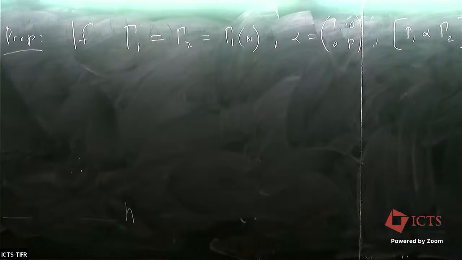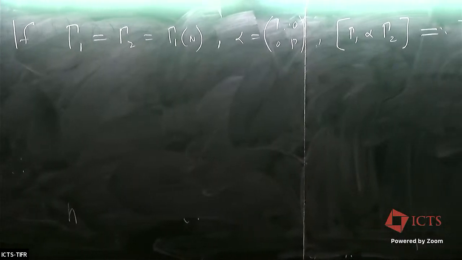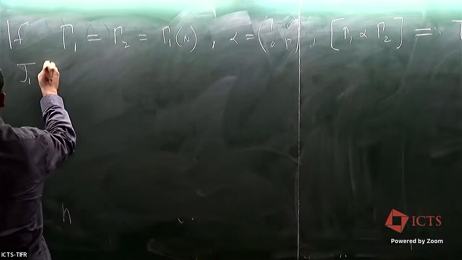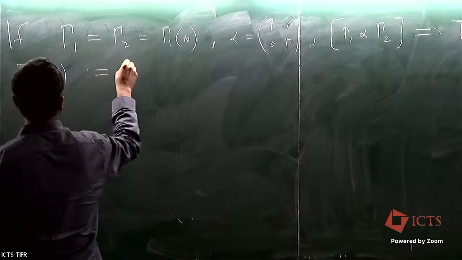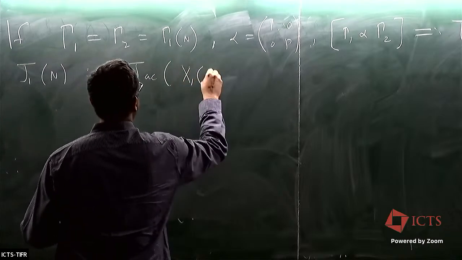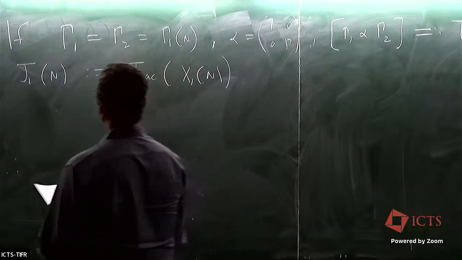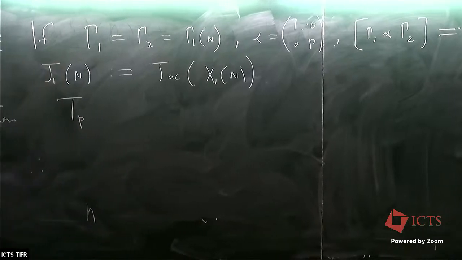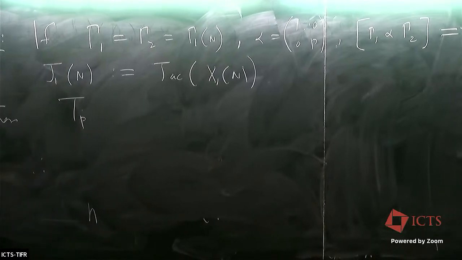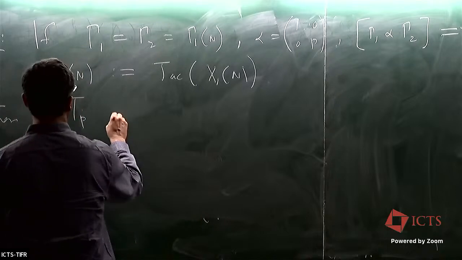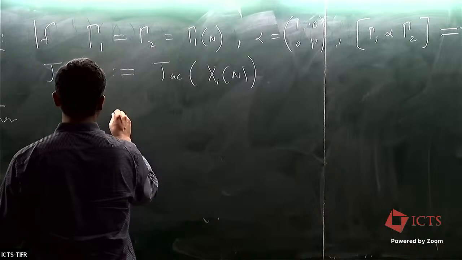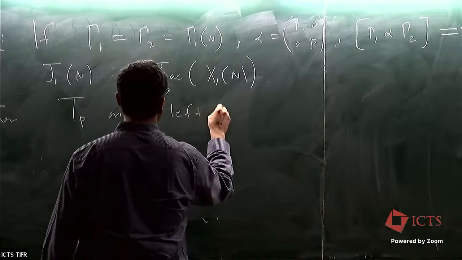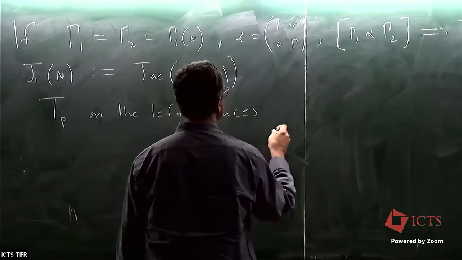It was defined to be this double coset operator for the matrix alpha equal to (1 0; 0 p). Let's write J1 of n, since I only defined J0 of n to be the Jacobian of X1 of n. Obvious notation. Then T_p on the left, for this particular alpha, in this setup induces a T_p on the right.